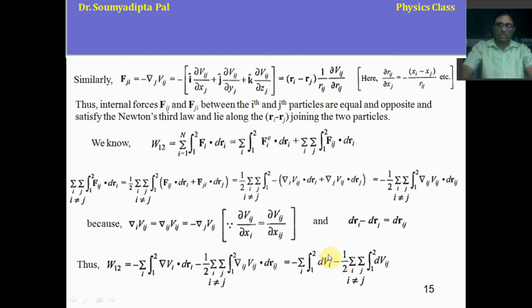So basically we get del ij Vij here, and there is a minus sign that we have already obtained. Now there are two terms.